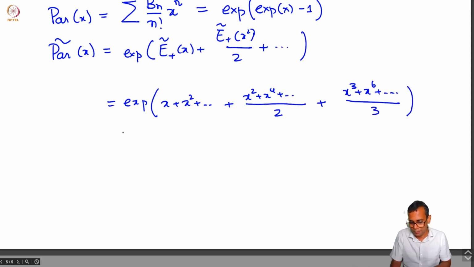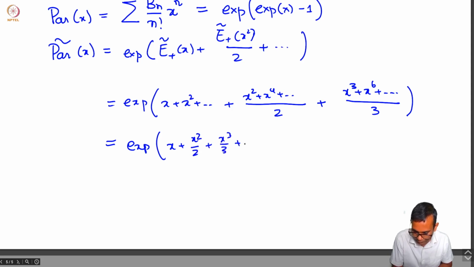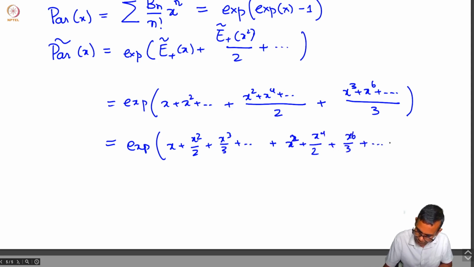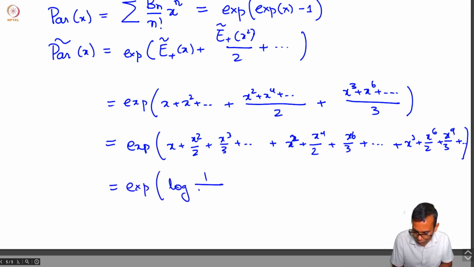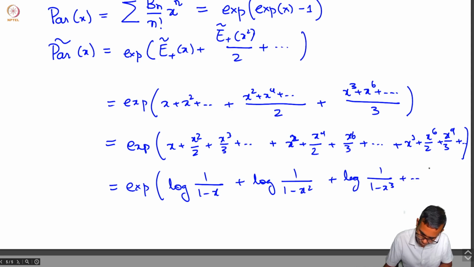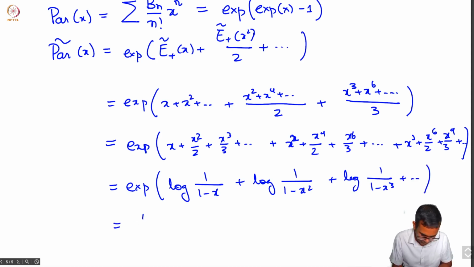And just rearranging these terms, we get exp of x plus x squared by 2 plus x cubed by 3 plus, and then x squared plus x to the power 4 by 2 plus x to the power 6 by 3, and then x cubed plus x to the power 6 by 2 plus x to the power 9 by 3, and so on, which is just exp of log of 1 over 1 minus x plus log of 1 over 1 minus x squared plus log of 1 over 1 minus x cubed, and so on, which is nothing but the product over k greater than or equal to 1 of 1 over 1 minus x to the k.